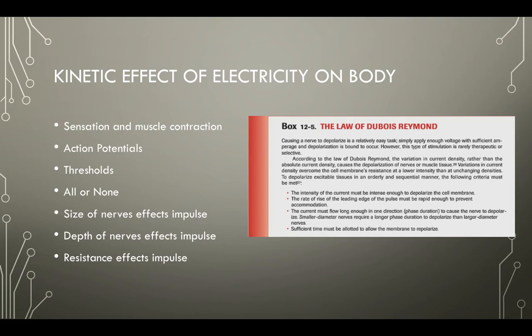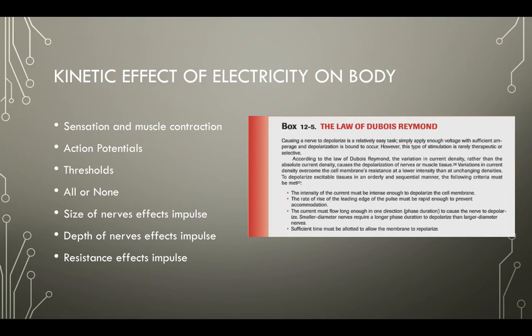The gel we put on a pad serves as a transmitter. So again, these are things that will affect the impulse and the sensation that we get: the size of the nerve that we can target, the depth of the nerve, because it's going to take longer to reach those deeper tissues, there's more resistance to those nerves, and then the amount of resistance within the impulse.